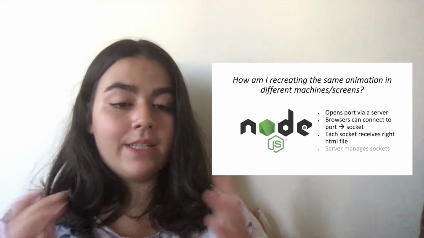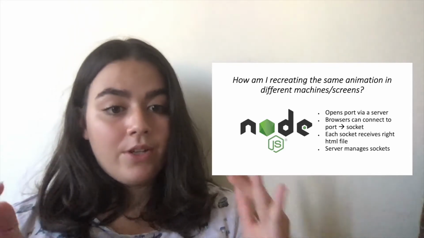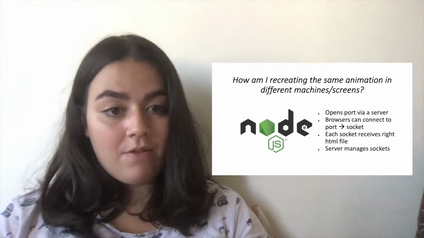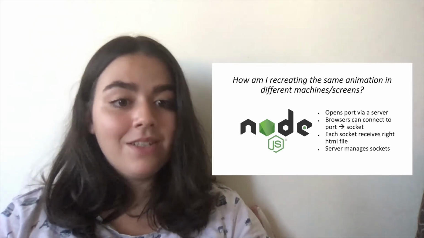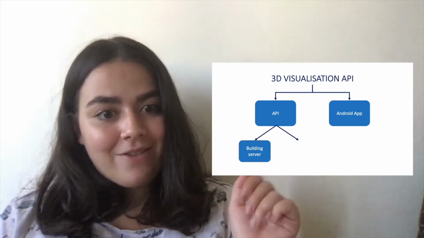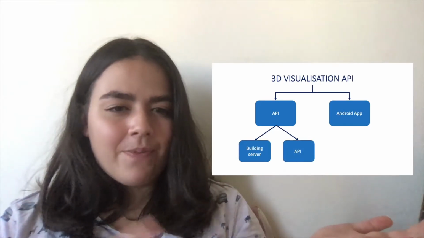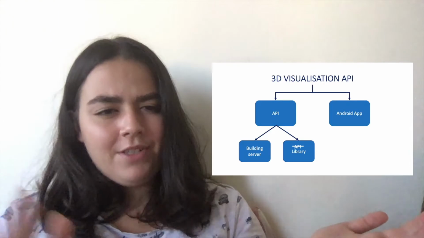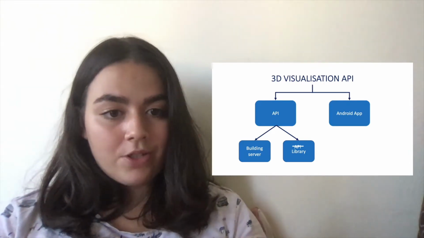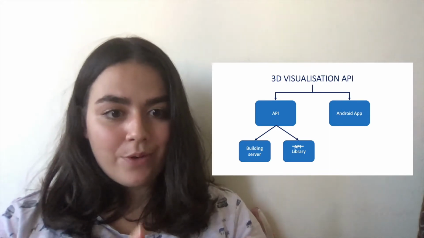All I need to worry about is how to deal with new screens, with new sockets connecting to the server, and how I am going to manage them. So I need to subdivide the API part even more into how to write the server, and then of course the API itself. I'm going to call it the library to not get us confused, but the library is just the collection of functions that a developer would use to create the 3D scene.